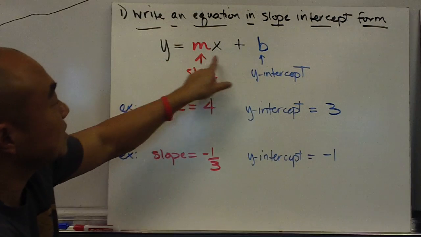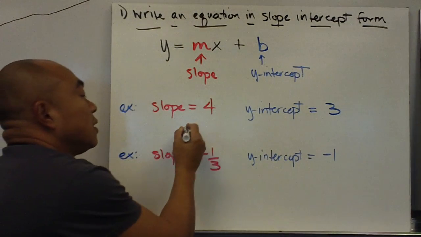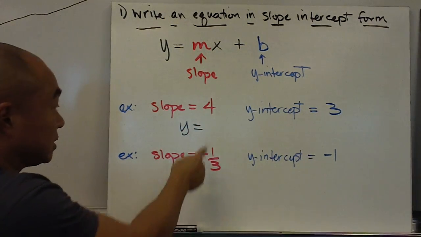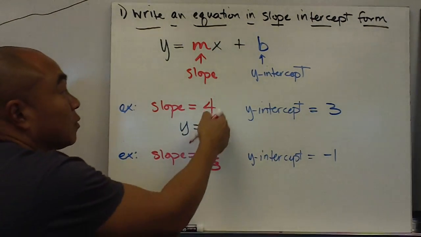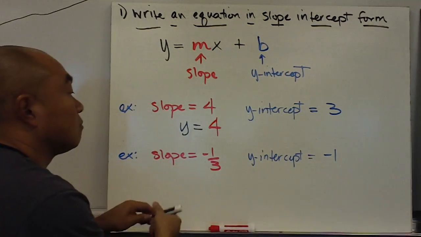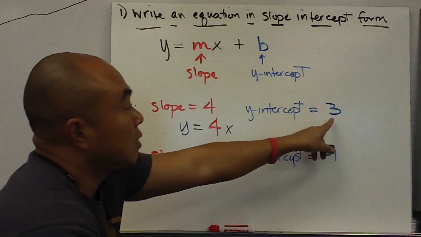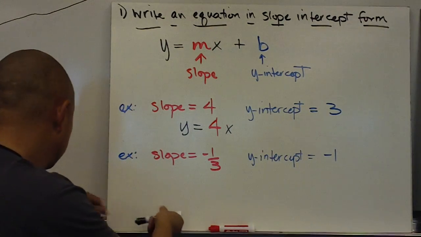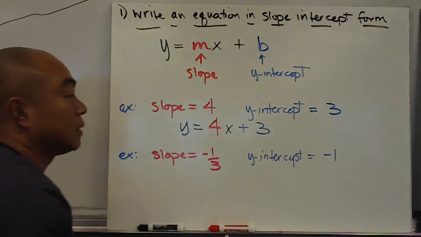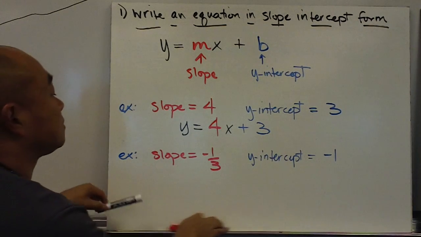We know the slope is 4, so we write y is equal to 4x, because that's our x right here, and our y-intercept is 3, so we do plus, because the 3 is positive, 3. That's our answer.